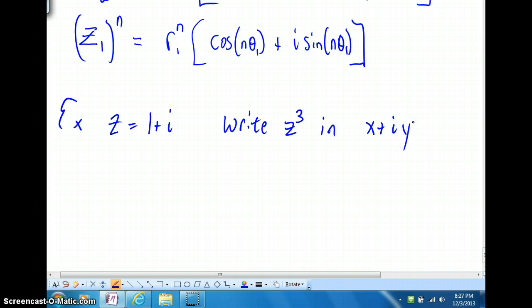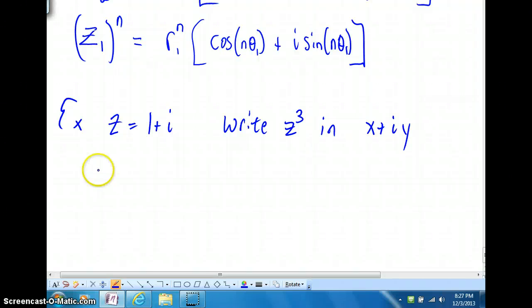Now, what I want to point out is that it's not excessively difficult to multiply 1 plus I to itself 3 times. We certainly can do that. The real benefit, I think, is as we're raising our complex number to even higher powers, maybe to the 10th power or beyond, and all of a sudden you'd realize, oh my goodness, I don't want to algebraically FOIL that out.